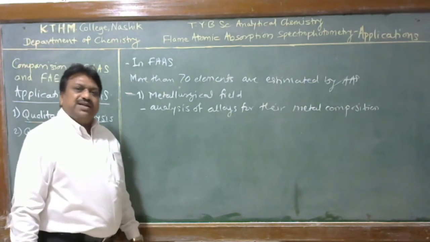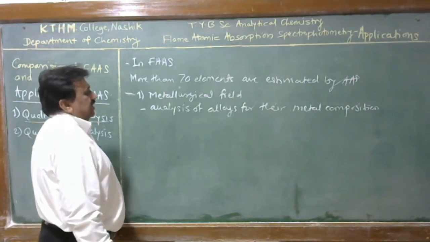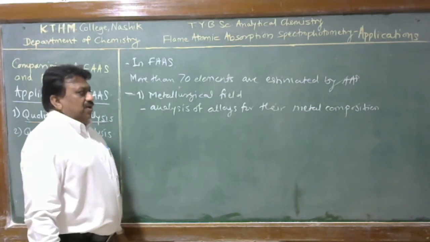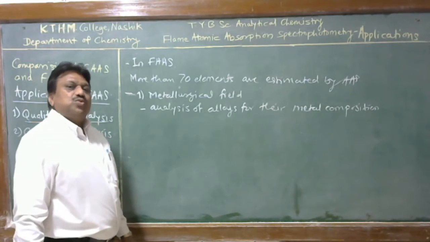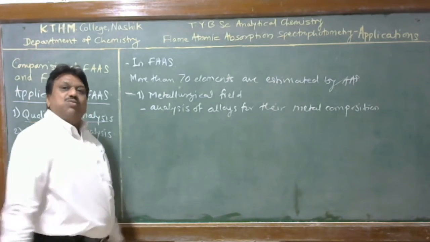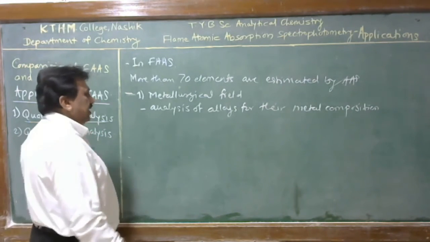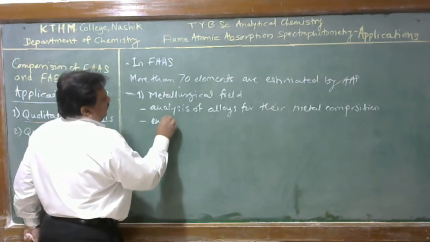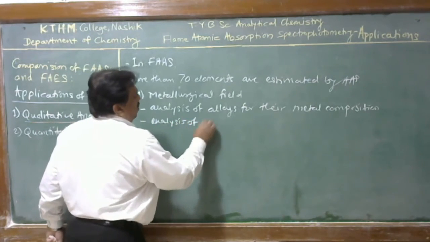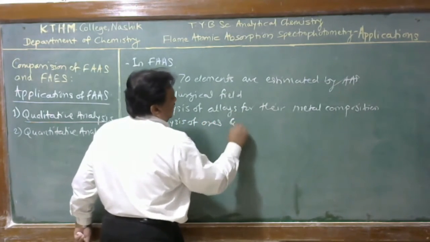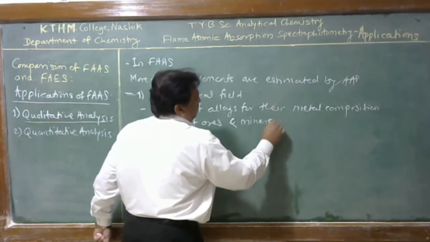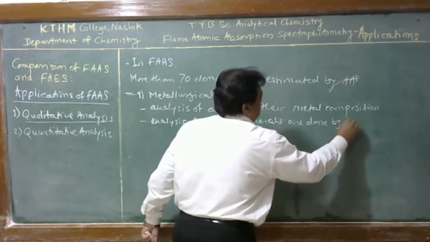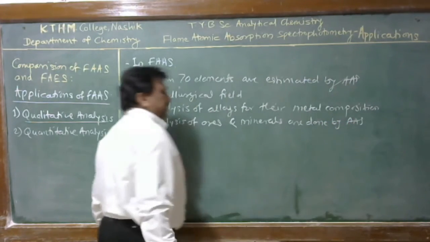What are the different metals present in the alloy? That is determined by flame atomic absorption spectroscopy. An alloy is a homogeneous solution of 2 or more metals. It is not a mixture of 2 or more metals. It is a solution. Similarly, analysis of ores and minerals is also done by atomic absorption spectroscopy.